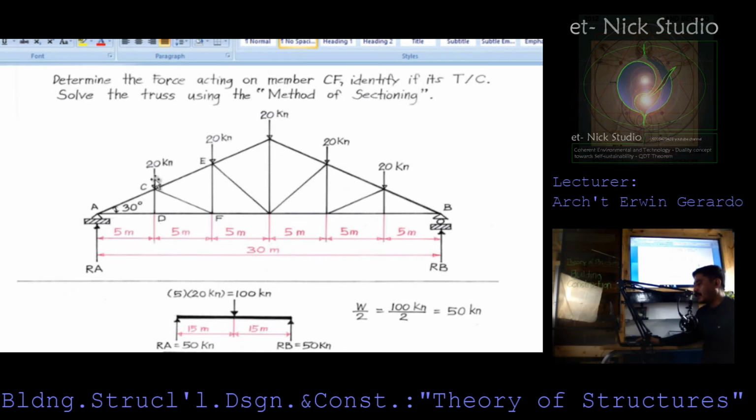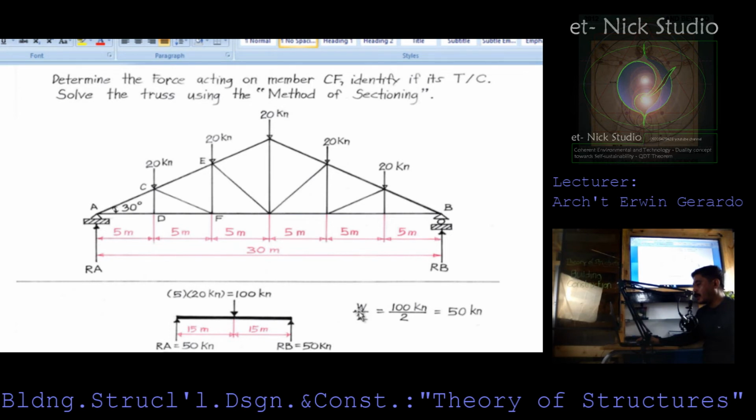Simply we need to count how many loads are here. So 1, 2, 3, 4, 5. So 5 times 20 is 100 kilonewton. Because the span here is 30 meters, if you're going to divide it, it becomes 15 meters.